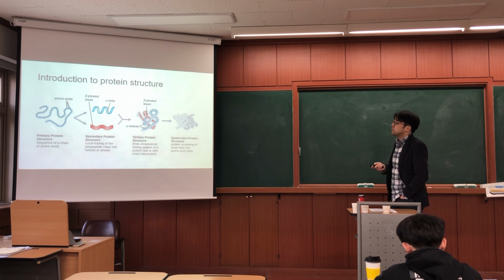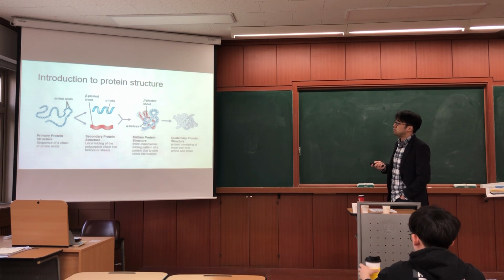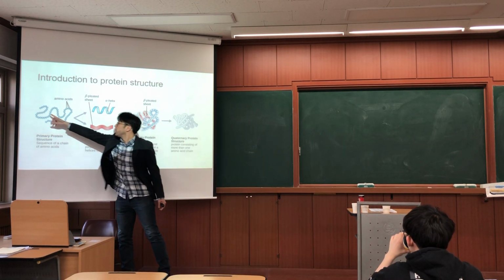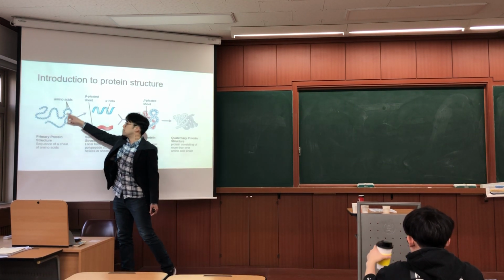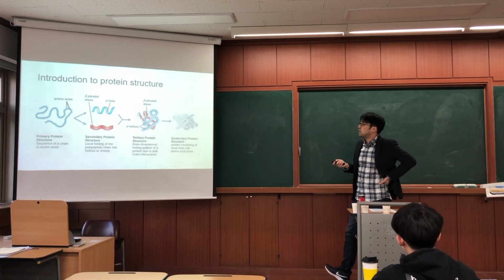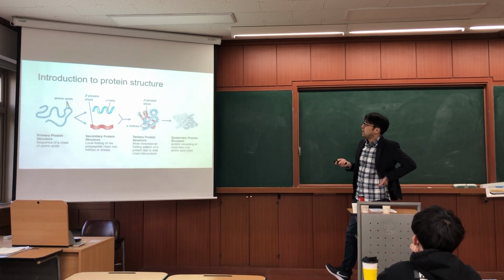The primary protein structure means that the amino acids are connected as a long chain molecule, and once they are connected, they form a local structure called the secondary protein structure.